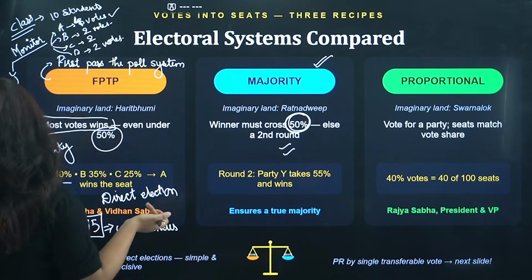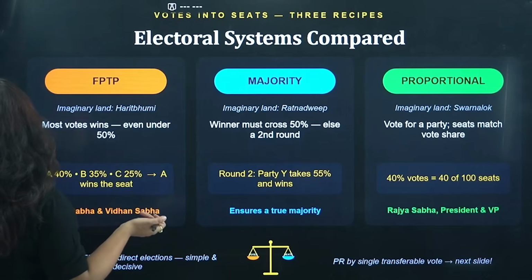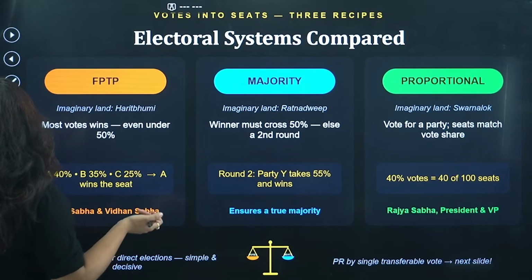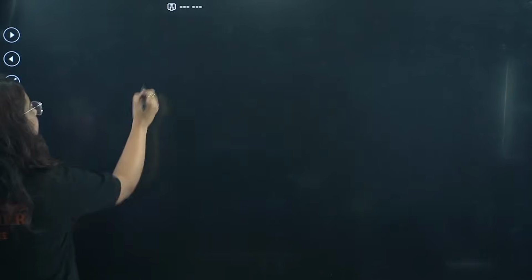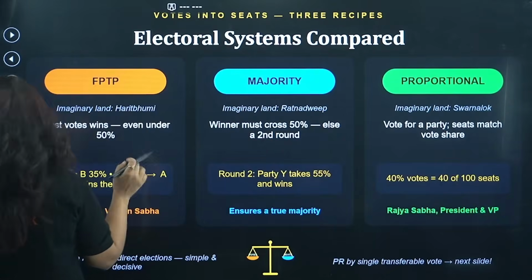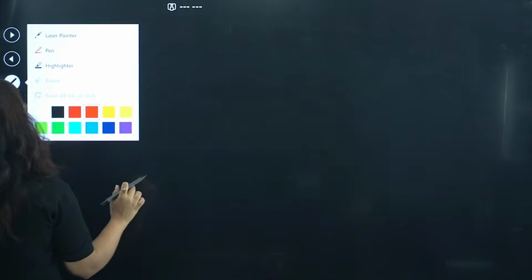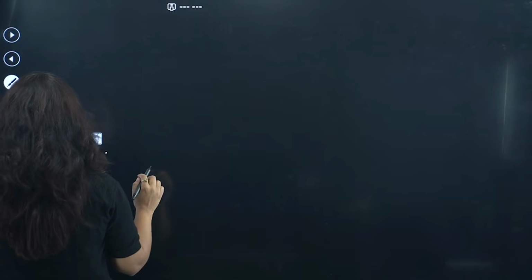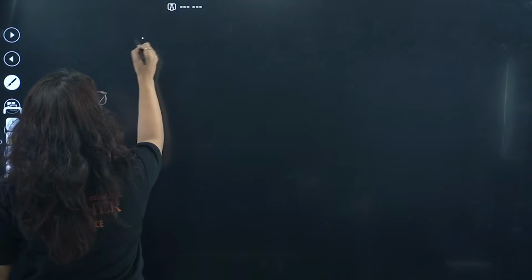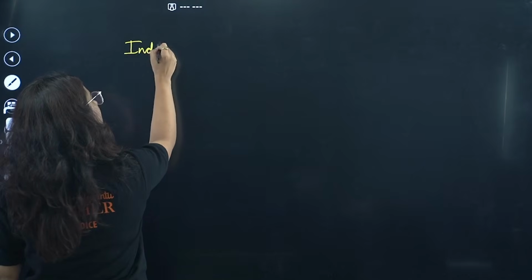Now let me tell you one thing before moving to proportional representation. In India, we have 2 houses.